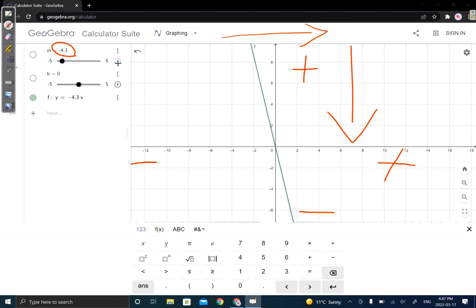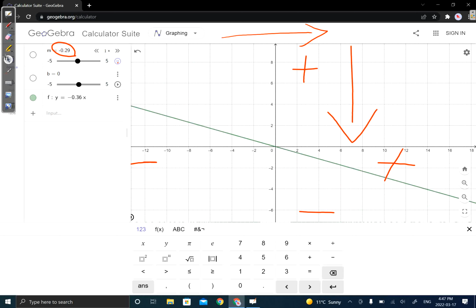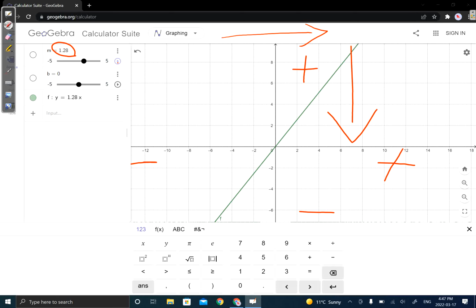And on the other hand, as you can see here, if we still look at our line from left to right, we see that our line is going upward. So that means our slope is going to be positive.